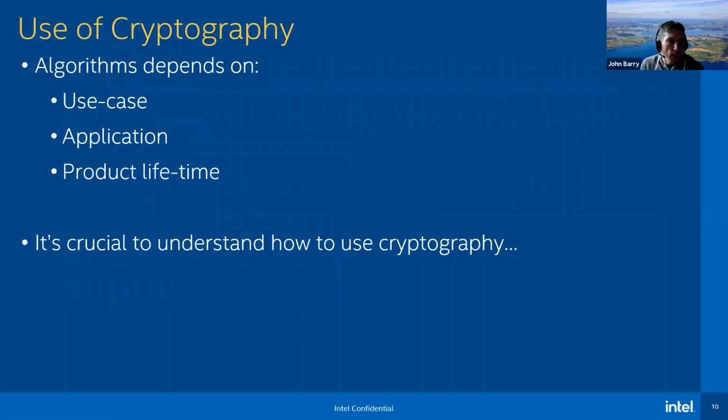Okay, so the one thing I'll just touch on is the use of cryptography. This is an area that we do a lot of work on here in Ireland, and there's a couple of different elements to the uses of cryptography.